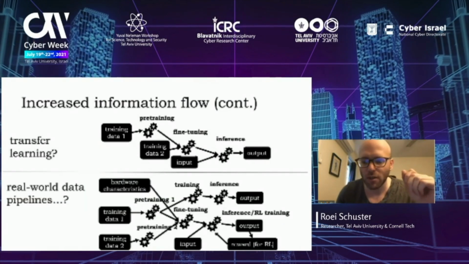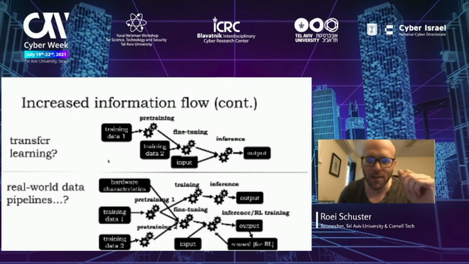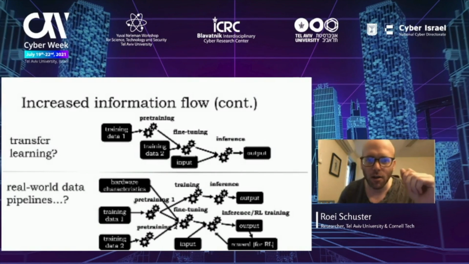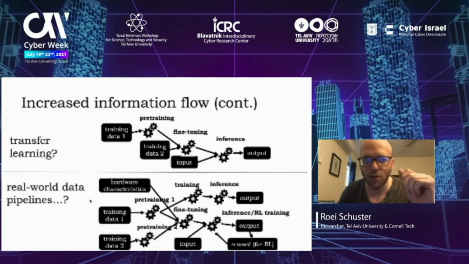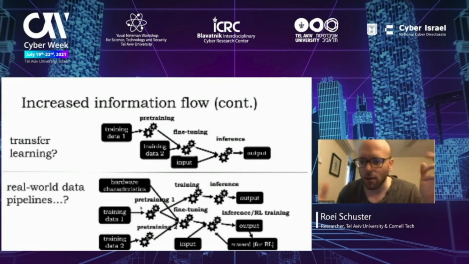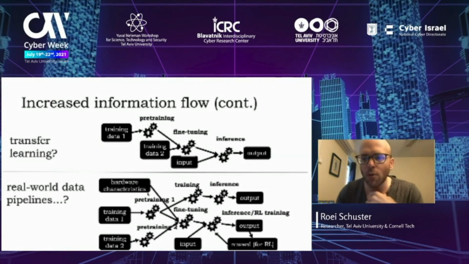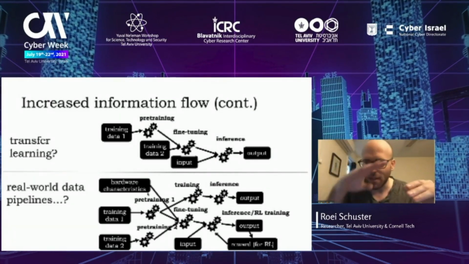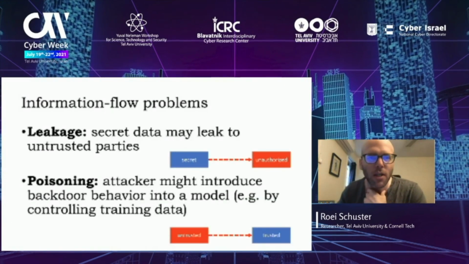If I try to paint the red and blue boxes that I did on the previous slide on these cases, one is for transfer learning that has two training procedures, and one is for a more realistic data pipeline that might be used in the real world, you would see arrows going everywhere in red and blue boxes, and it would look very scary.